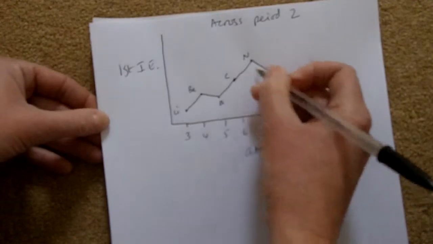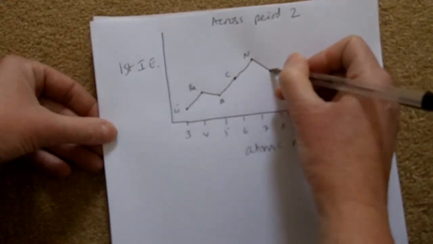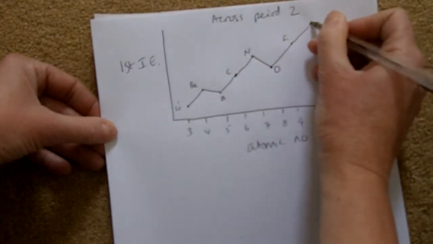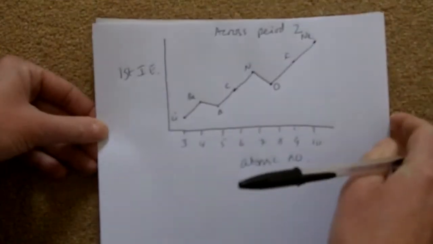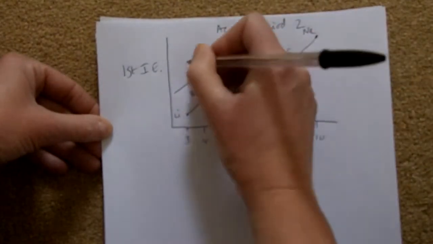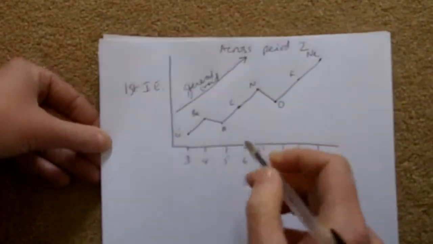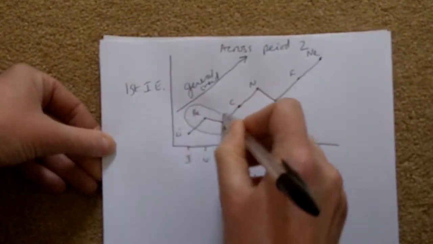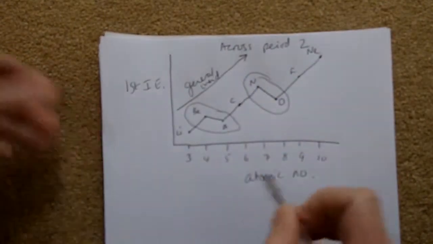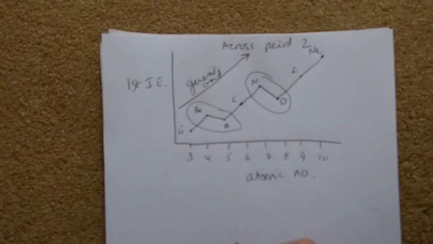I've drawn that too much, because it's only a slight decrease. Then fluorine continues, and then neon at the end of the period. So the general trend is an increase, but you've got these little blips where it doesn't actually increase: beryllium to boron, and nitrogen to oxygen. You've got to be able to say why it doesn't increase at these two places.